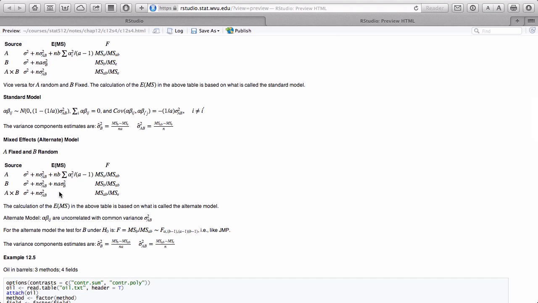So when I compute the variance components, they're different for the two models, to get things to cancel out. Does that make sense? So it not only affects how we test, particularly how we test the fixed effect, but it also affects how we estimate the variance components.